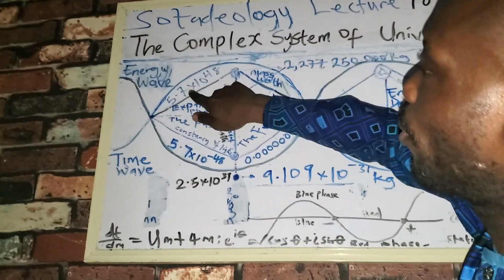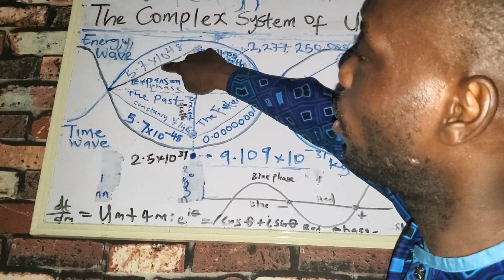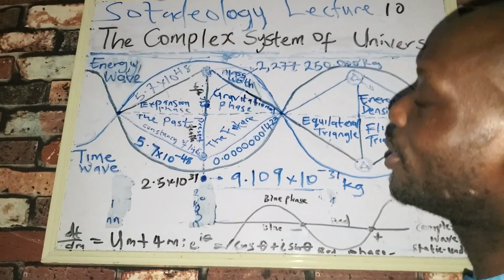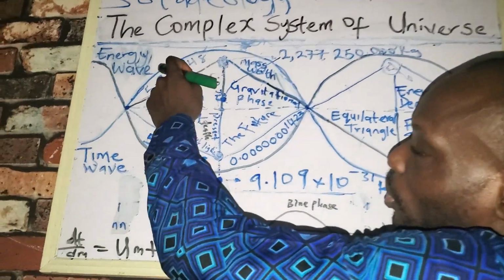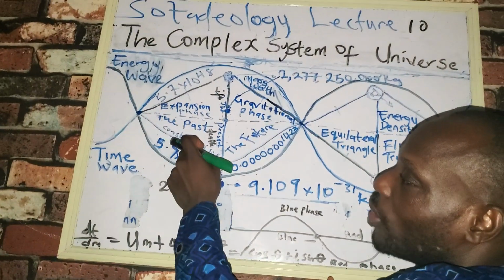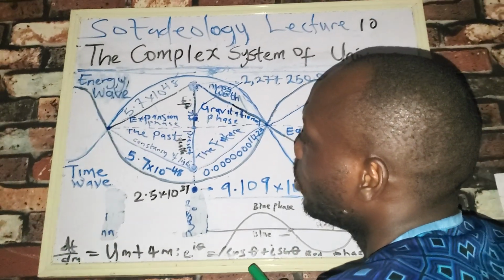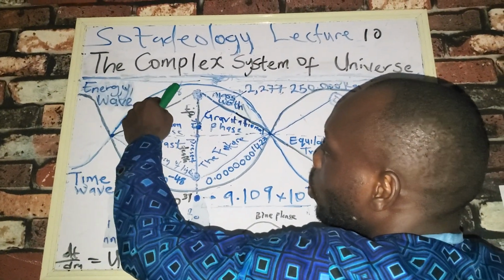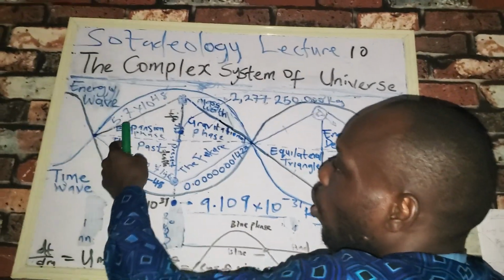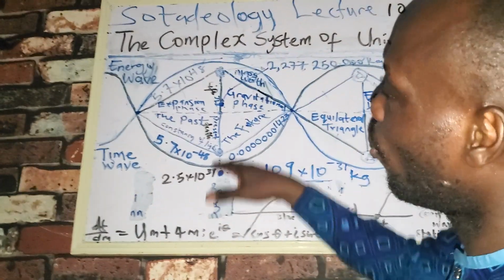so we can just say that the output of this worth, if we now tag this output of this suspension trajectory, if we tag it 2, we know this is the action of time trajectory, then it must have a reaction of energy trajectory, which will be 2 as well. So if we tag this 2 and tag this 2, definitely the total input of this equilateral triangle will have to be 4.